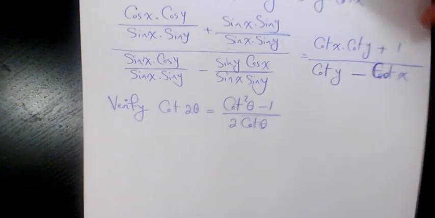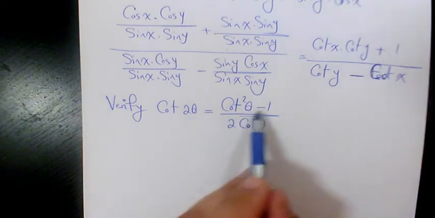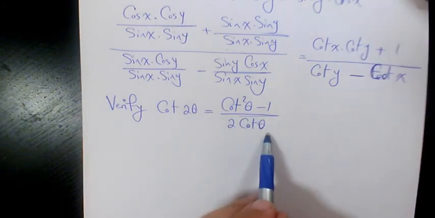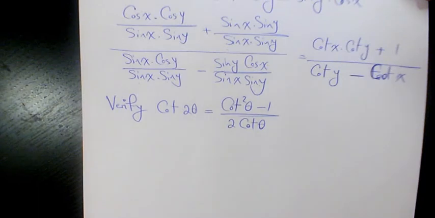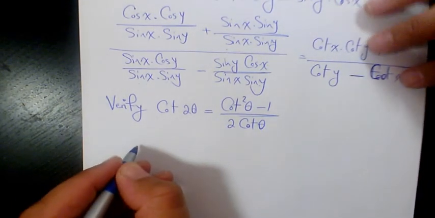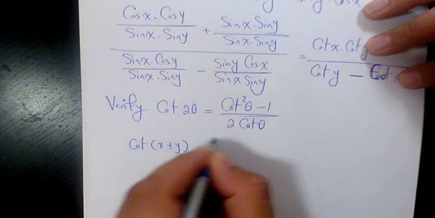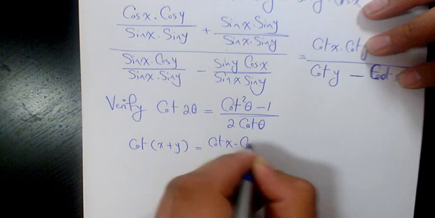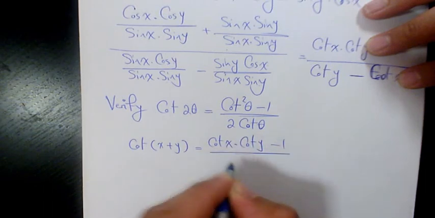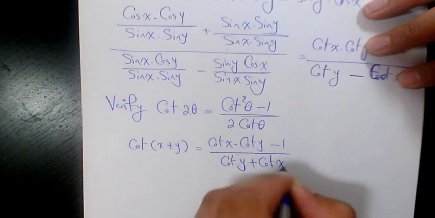Now in this example, it says verify cotan 2 theta equals cotan squared theta minus 1 over 2 cotan theta. So from 2 examples ago, we had cotan x plus y equals cotan x cotan y minus 1 over cotan y plus cotan x.